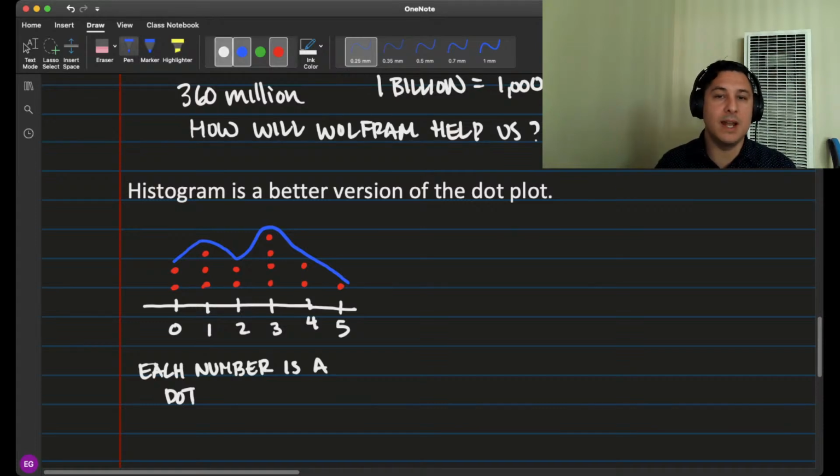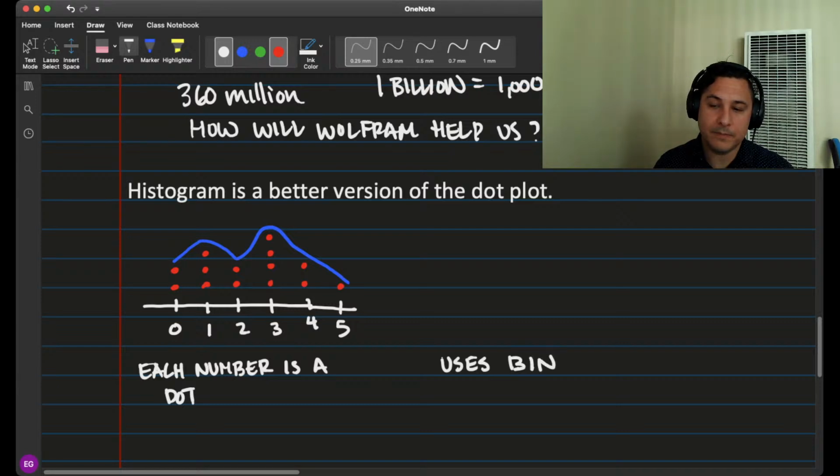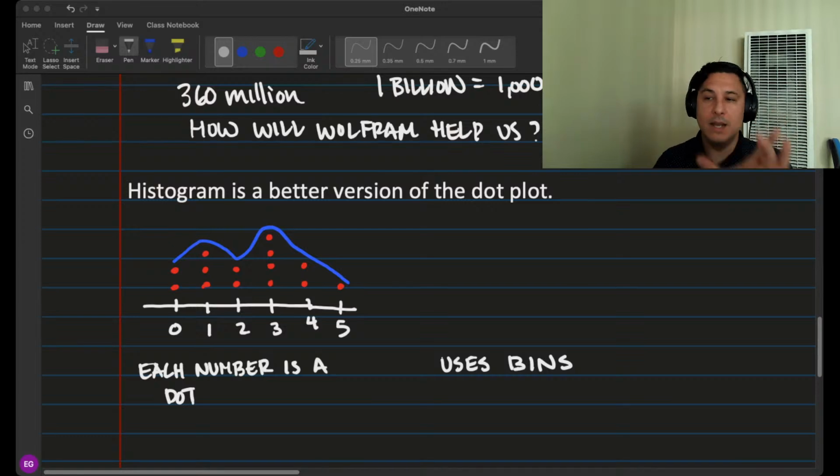So for the histogram, instead of having a dot for each number, you put all of the numbers into what are called bins. So the histogram uses bins. And the way a bin works is that you're in a bin if you're between 2 numbers.